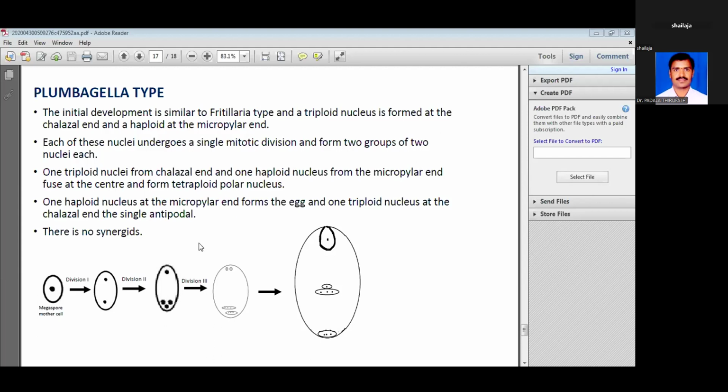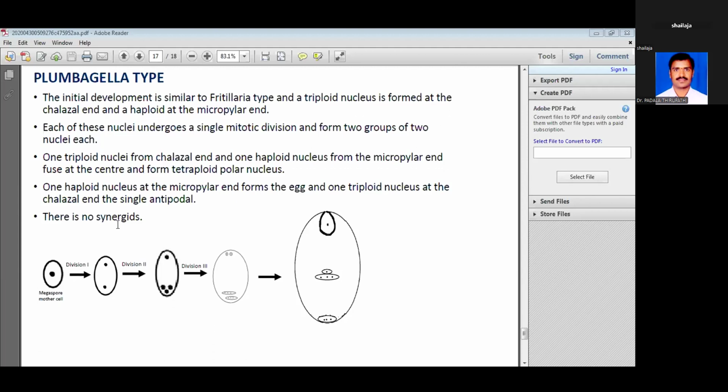So it's very important, there are no synergids. See here, this one triploid nucleus from the chalazal end and one haploid nucleus from the micropylar end fuse at the center and form the tetraploid polar nucleus. This is three triploid and one haploid, becoming the tetraploid polar nucleus.